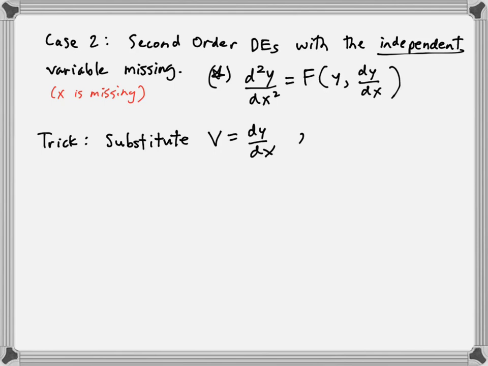The problem, though, is that where do we get the second derivative of y with respect to x? The problem is our differential equation has no x's in it. It only has y's. So we need to have only y's at the end of the problem, right? We can't have dv dx, sorry, right? We need dv dy.